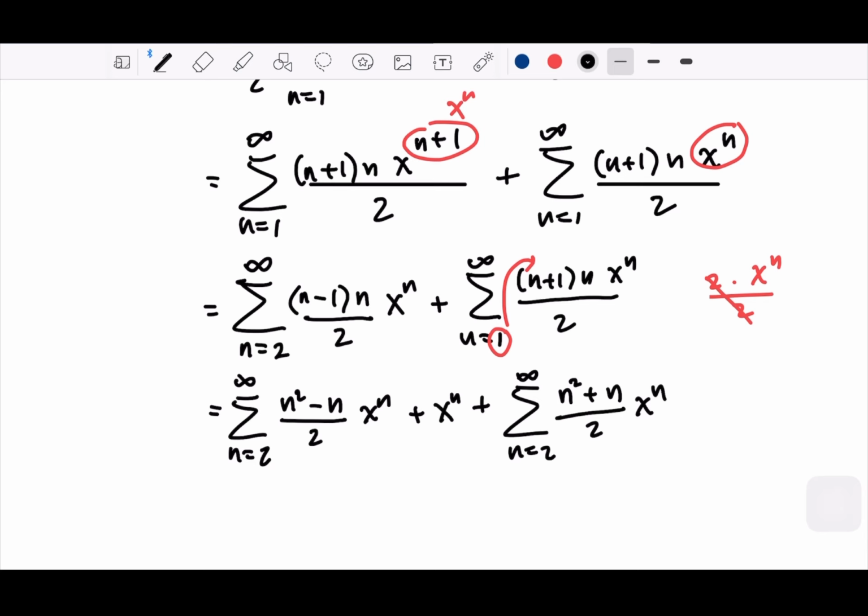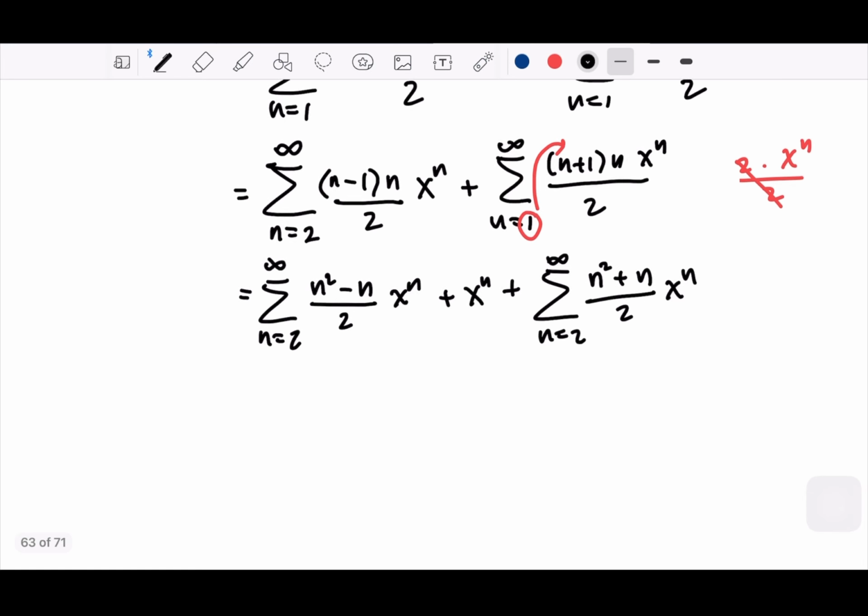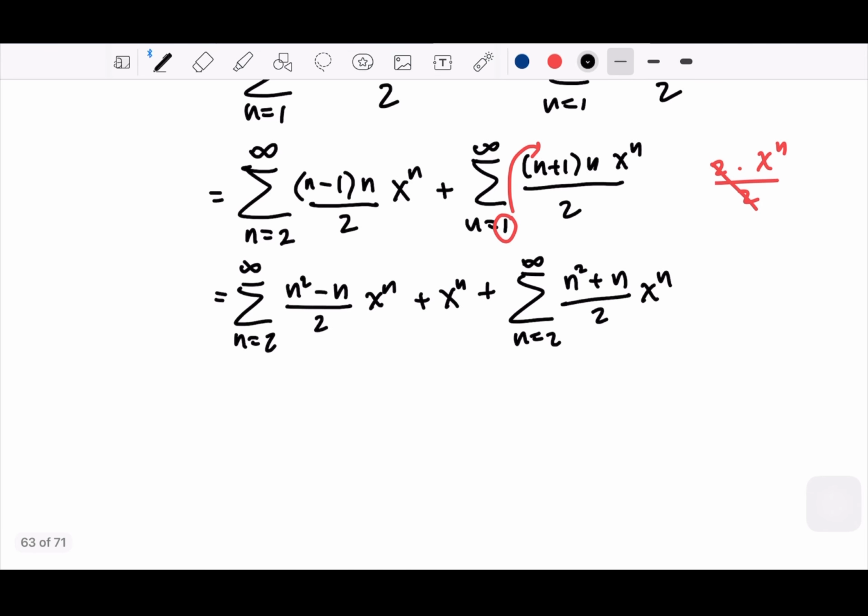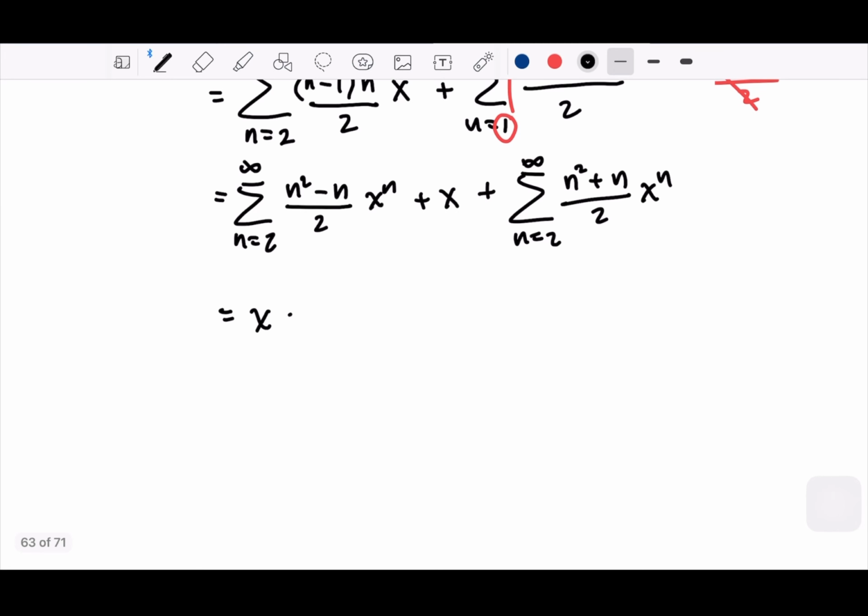In which we can solve this. Sorry, this is not n, this is just x. So we have x plus, okay, this part will be cancelling with this.